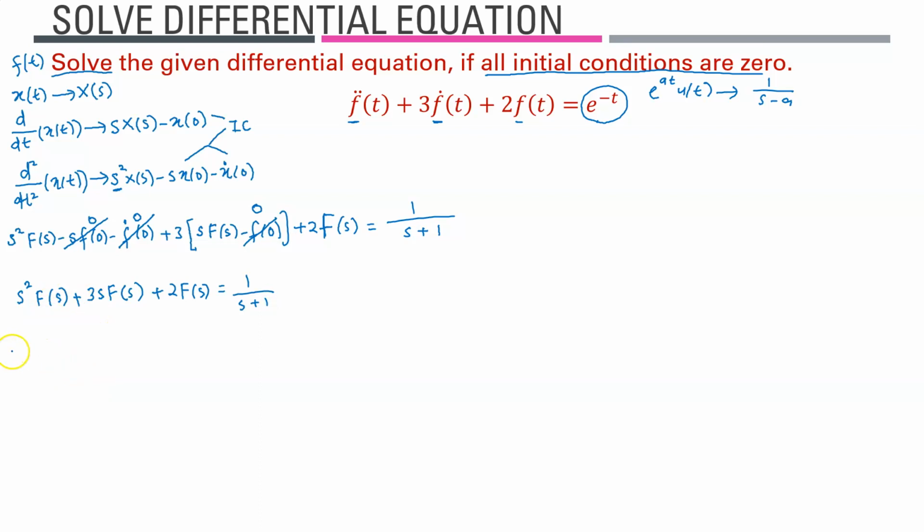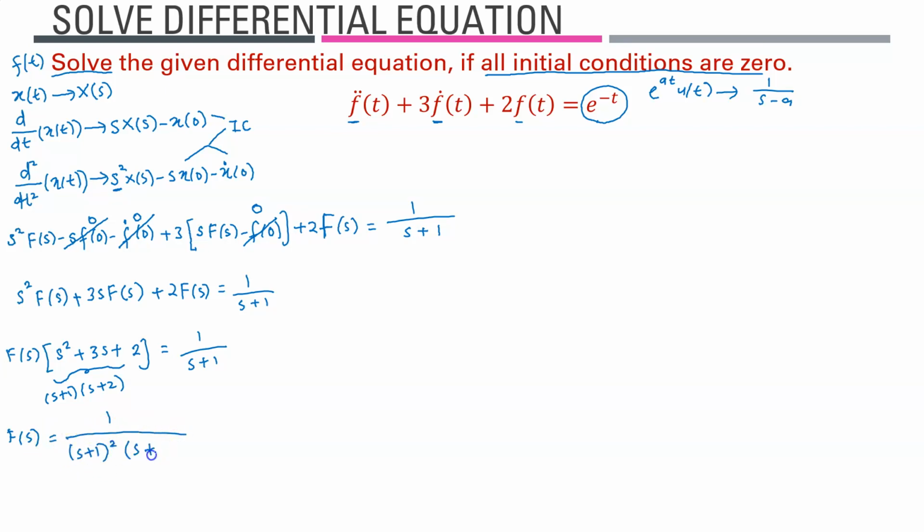Now if I take out the F of s, I will be left with s squared plus 3s plus 2 equals 1 over s plus 1. Now this one we can factorize to s plus 1 and s plus 2. If I multiply with this s plus 1 over here, I will have F of s equals 1 over s plus 1 squared and s plus 2.